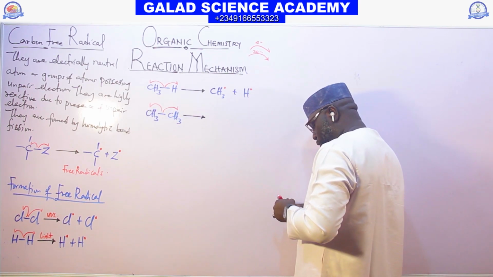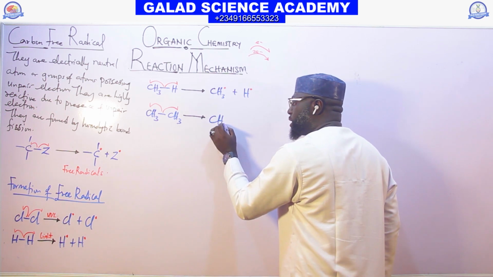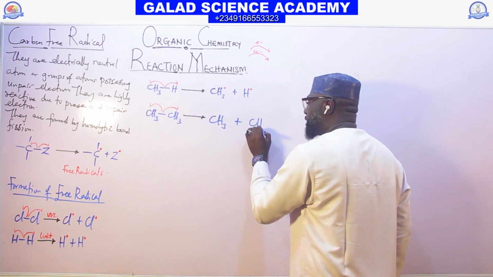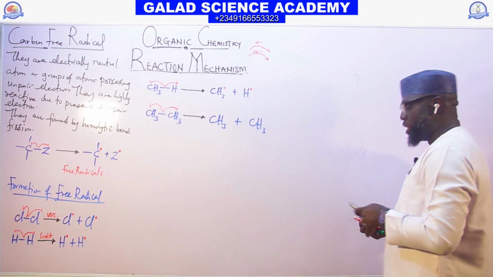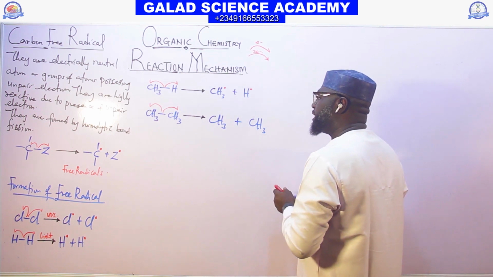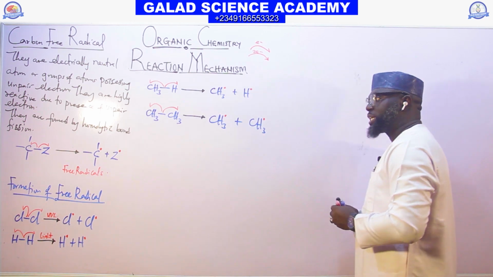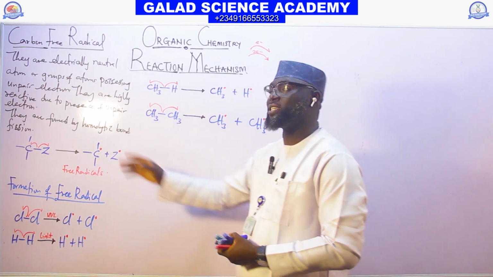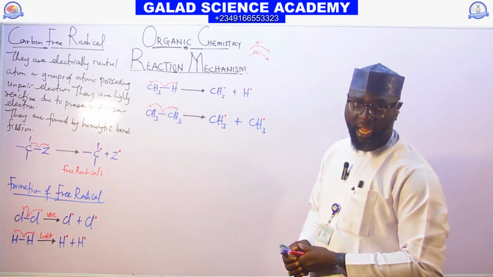So you will now have CH3 plus another CH3. The CH3 that we have here, we call radicals. So that is how the carbon free radicals form.